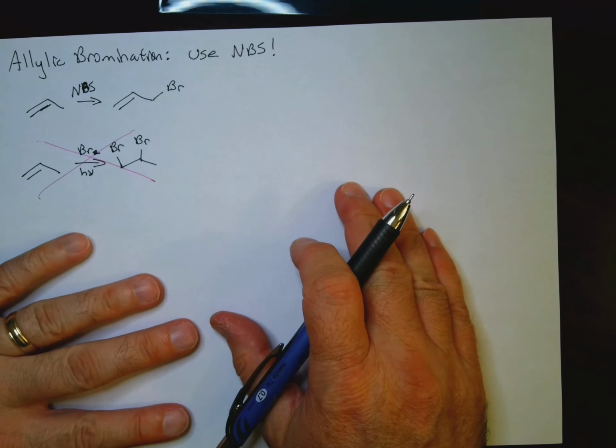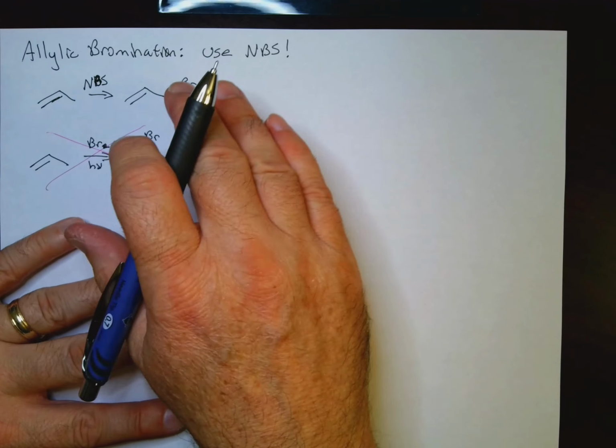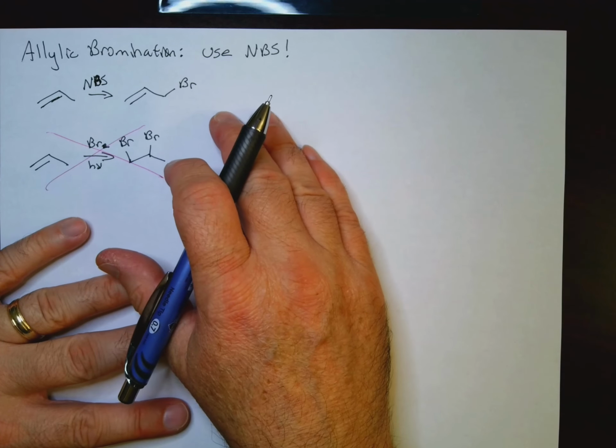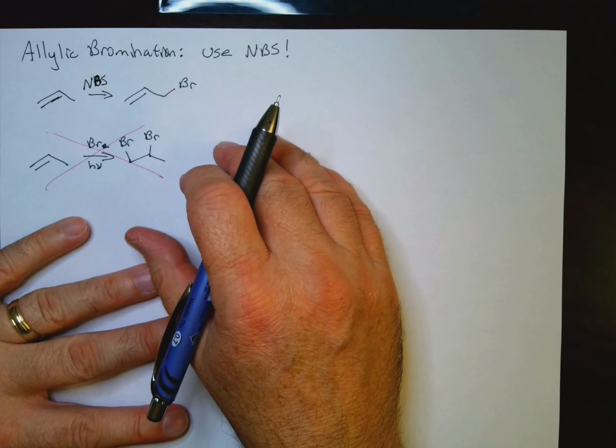So by using NBS, we control the amount of Br2 that's actually there. In fact, there's no Br2 there.